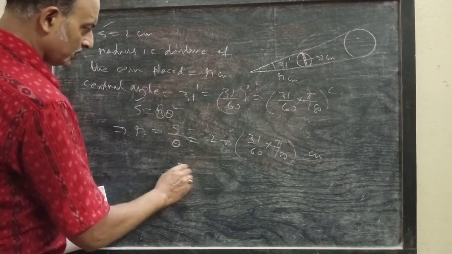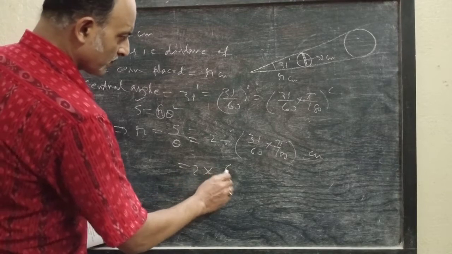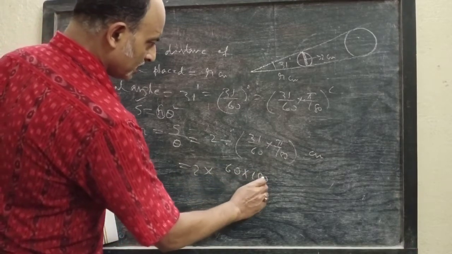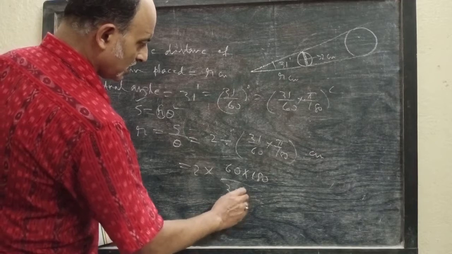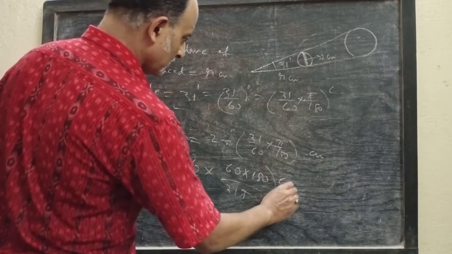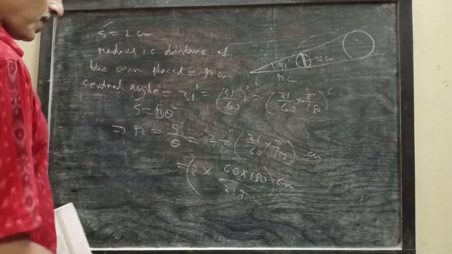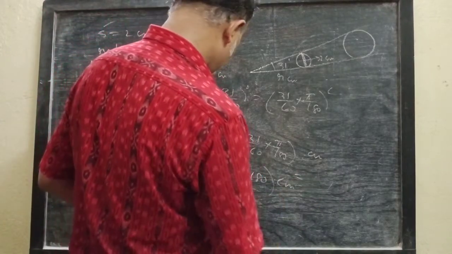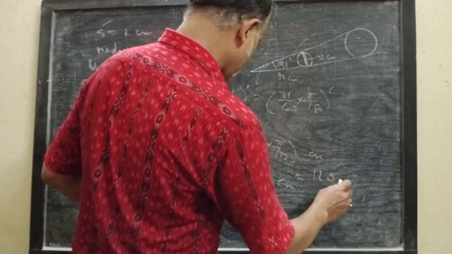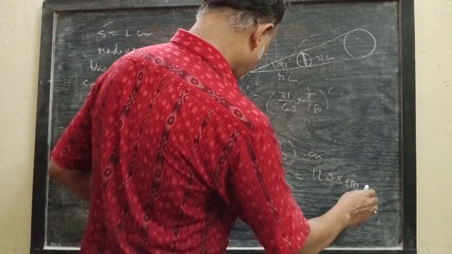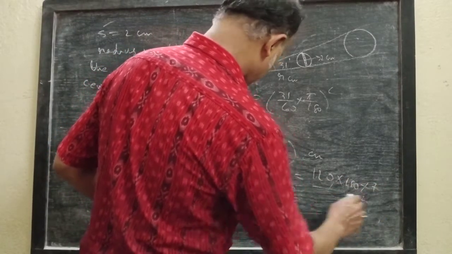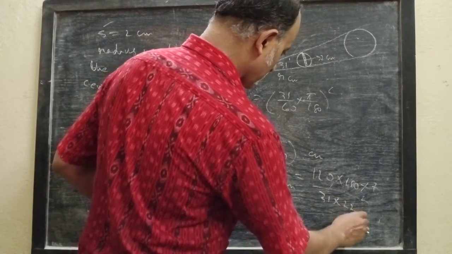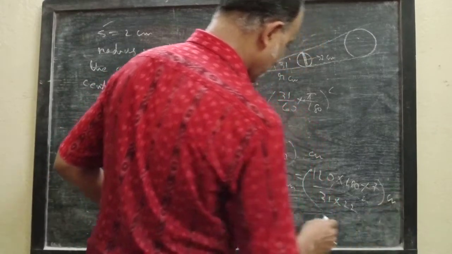This is division. So 2 into 60 into 180 by 31 pi centimeter. Now take pi as 22 by 7. So your calculation will be 2 into 60 into 180 into 7 by 31 into 22 centimeter.